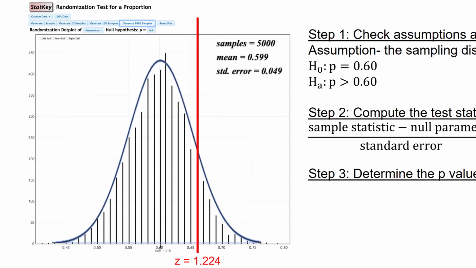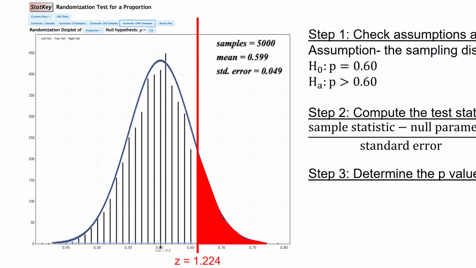That's because our test statistic is just converting that observed sample statistic to a z-score. Our alternative hypothesis was that p is greater than 0.60, so this is a right-tailed test. Our p-value will be the area to the right of our test statistic of z equals 1.224.